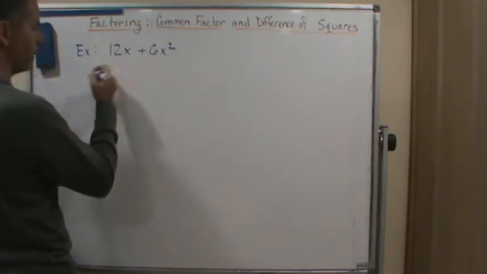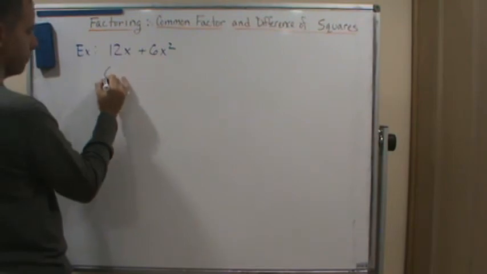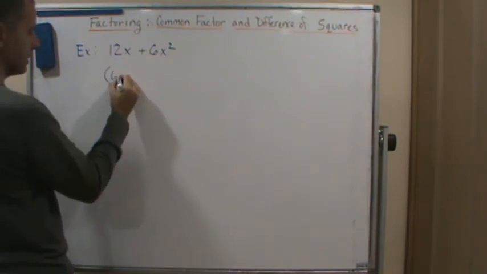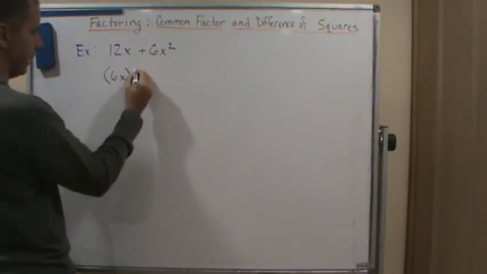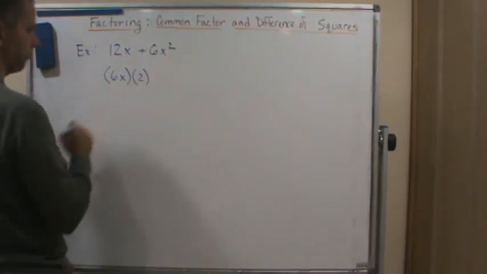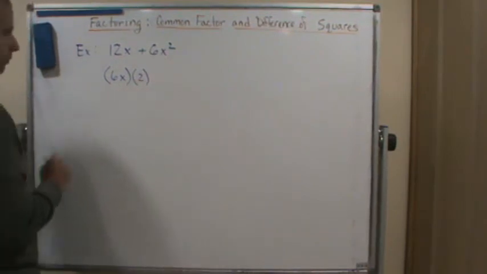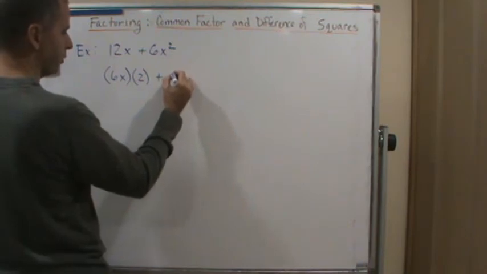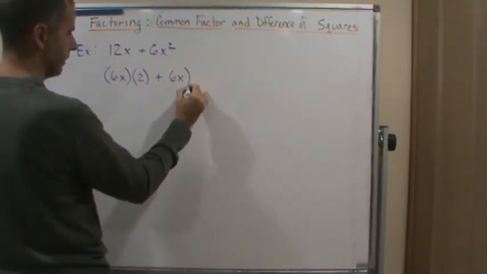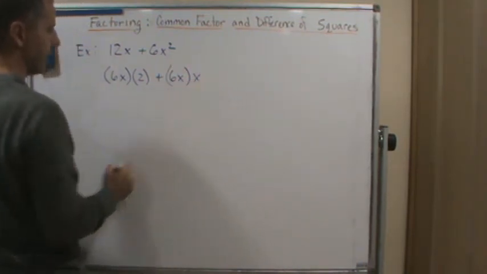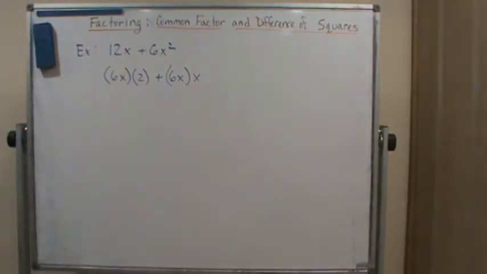So the way we do it is we can write this first term as 6x times 2, plus, and then we can also write this one as 6x times x. And now what we could do is use the distributive property in reverse, right?